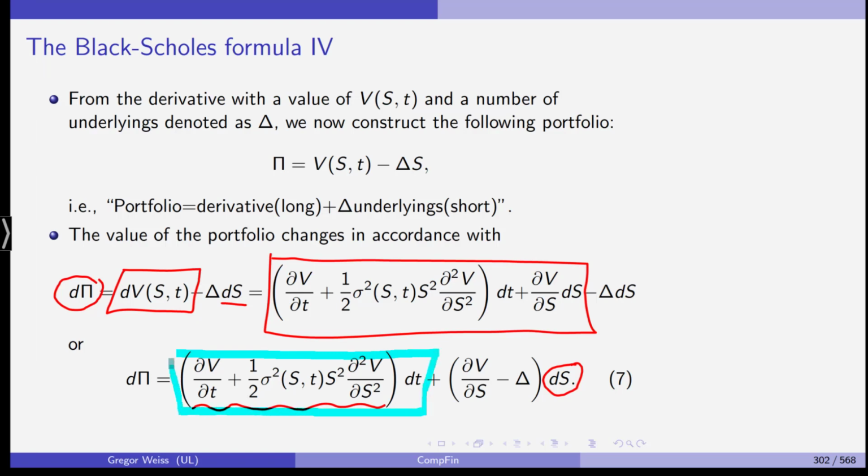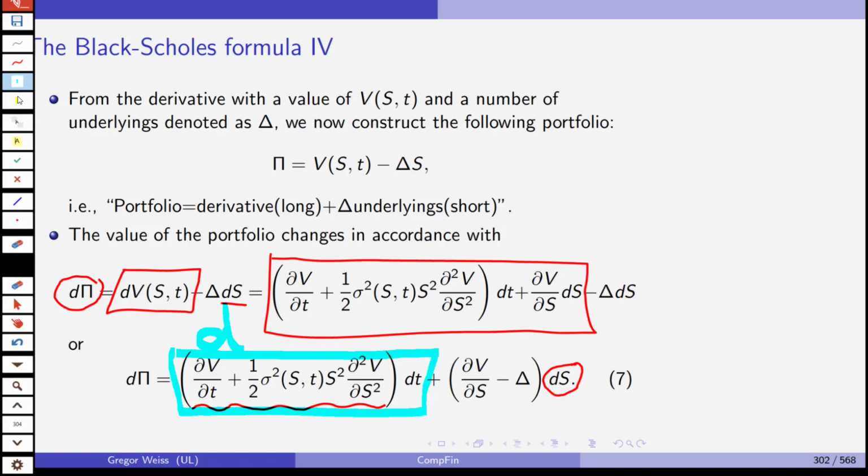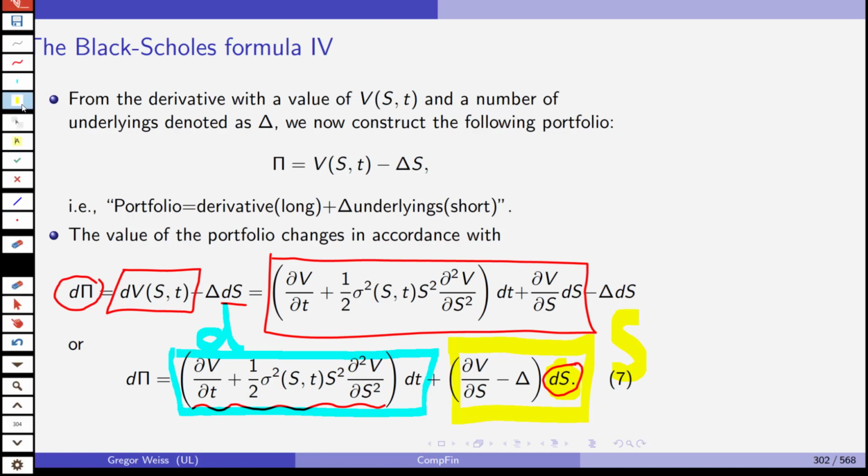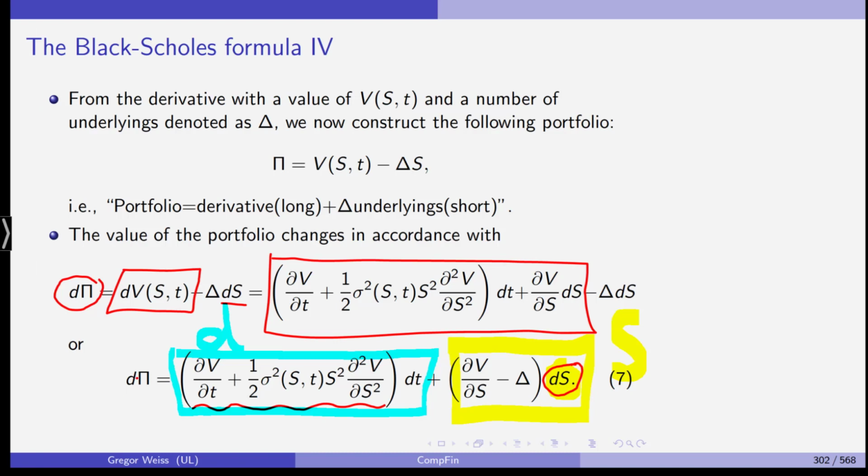The second part is stochastic because the change in S is stochastic. The question now is, how can we make this portfolio risk-free? Well, it is risk-free if the change is deterministic. It doesn't need to be zero, but if it only depends on time. So what we need to do is make this term here disappear.